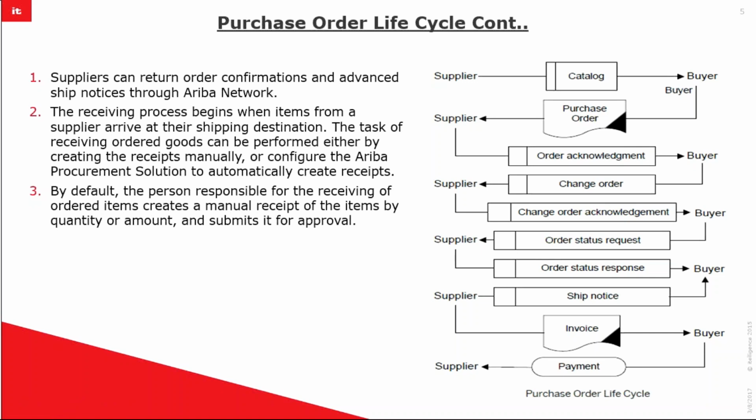We should have network access to complete the entire process from the supplier and the buyer: from requisition to how it is converted to a PO, how the shipping notice is sent to the buyer, how we send the receipt once we receive the goods, and how the supplier sends the invoice.